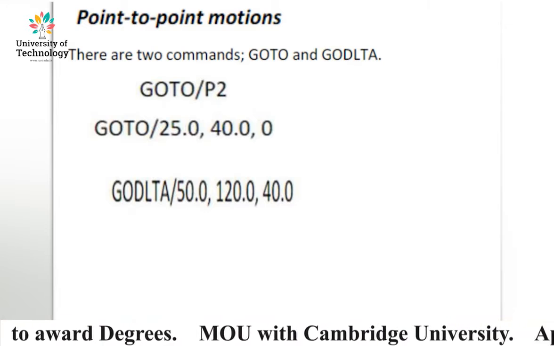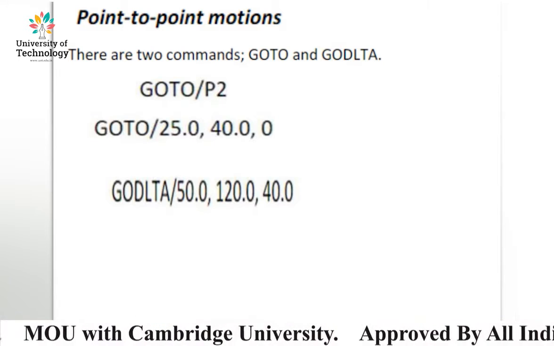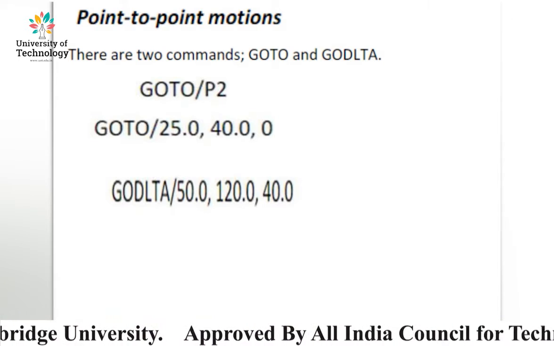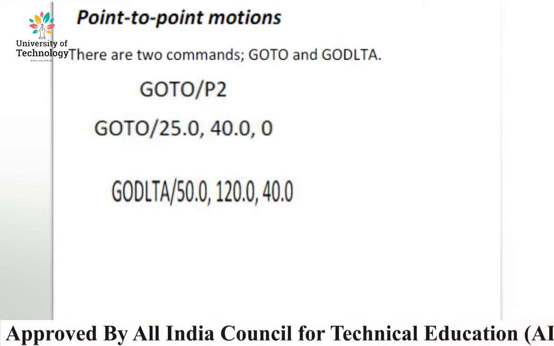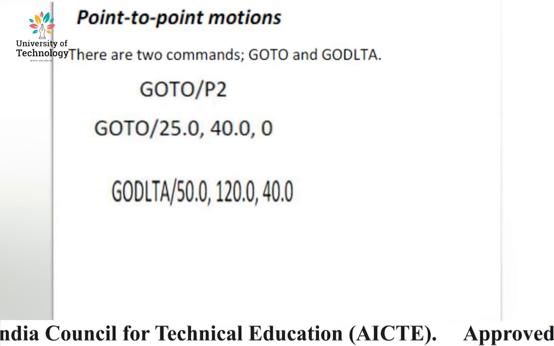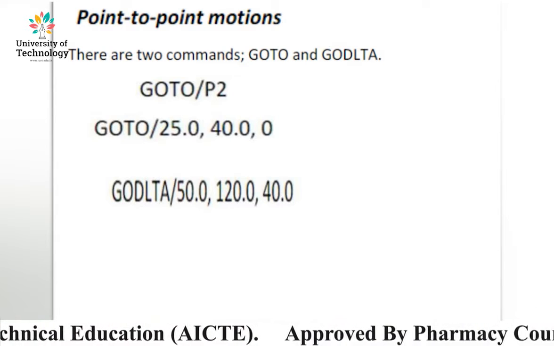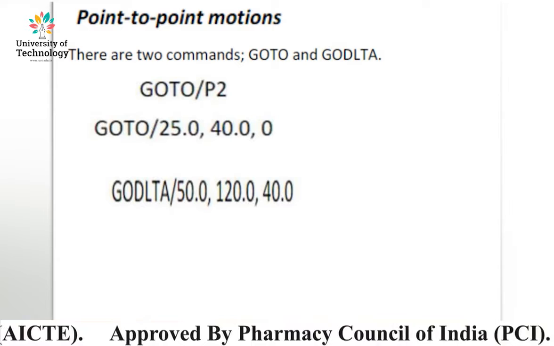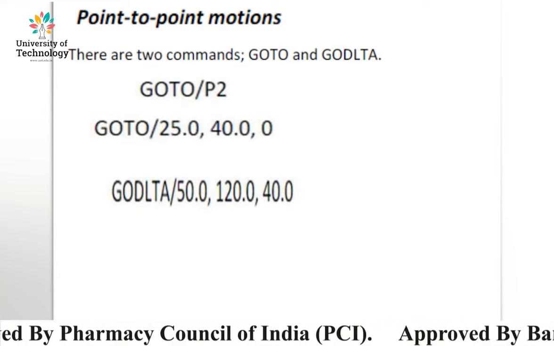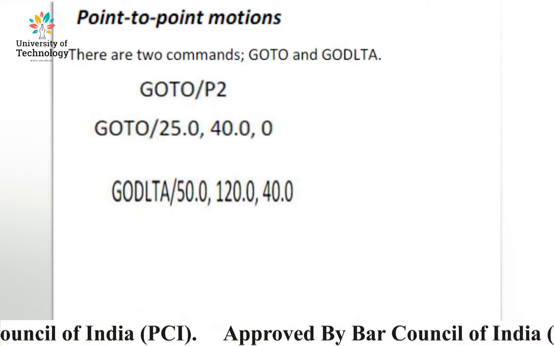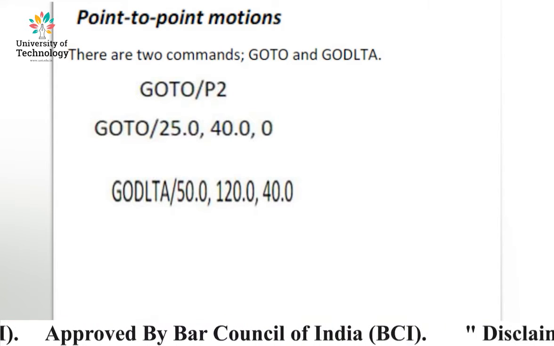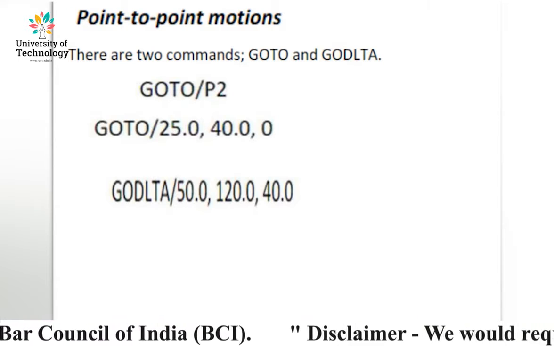And go delta is used for proceeding the particular operation at a particular coordinate. Go delta oblique 50, 12 and 40. These are the XYZ data of the particular proceeding operation in APT language.